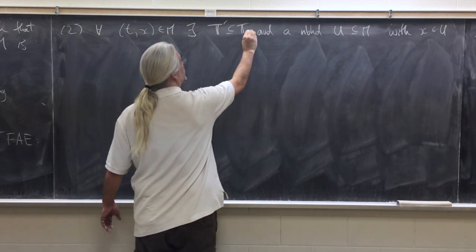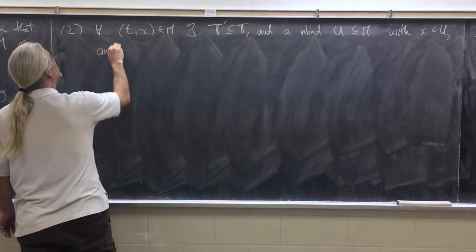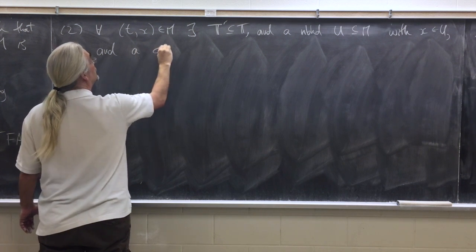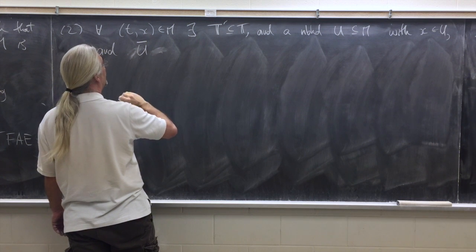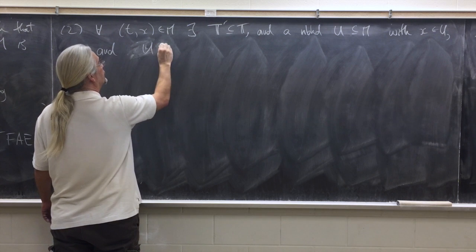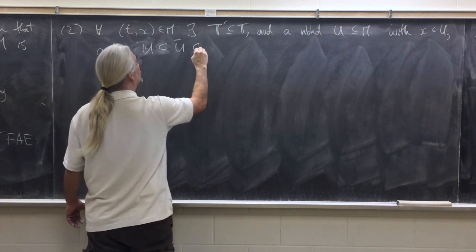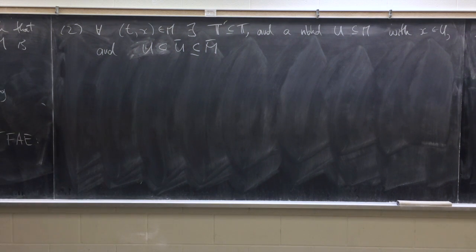And so I've stopped using proper grammar now. A U bar. Okay, so I have a complexification M bar, and I'm saying that there exists a neighborhood U bar of U contained in M bar, so U bar is now a complex neighborhood.